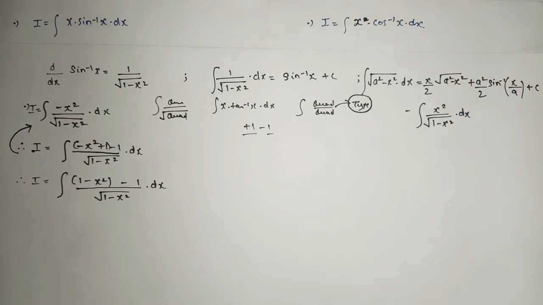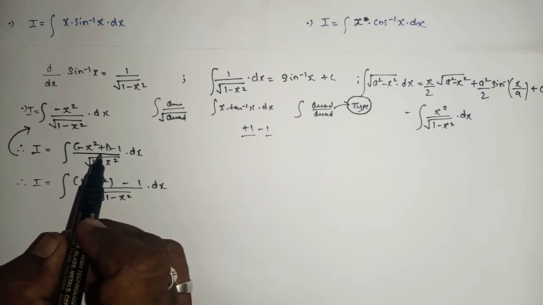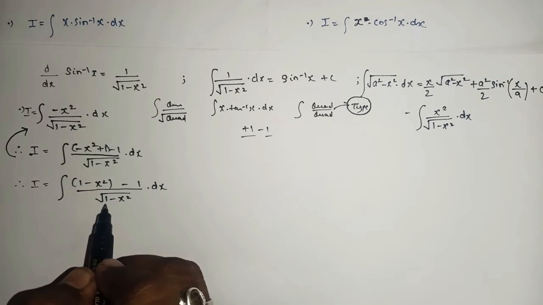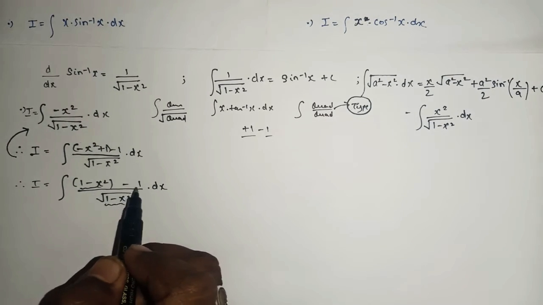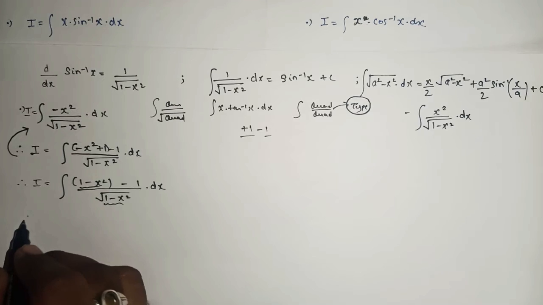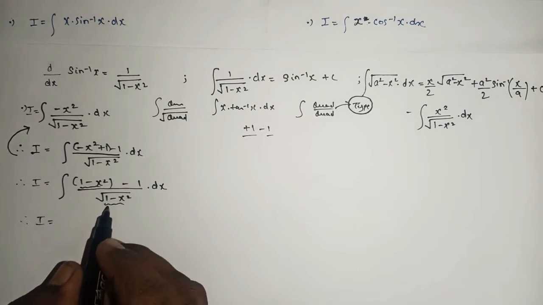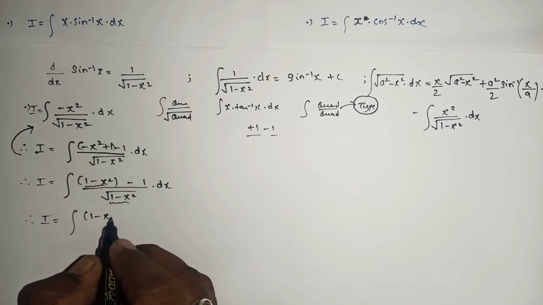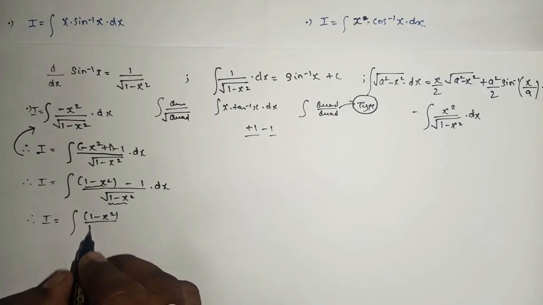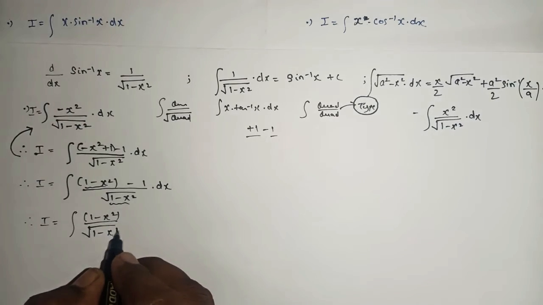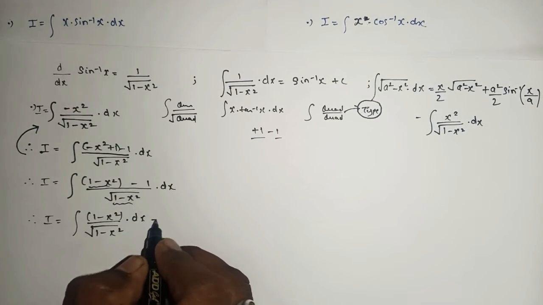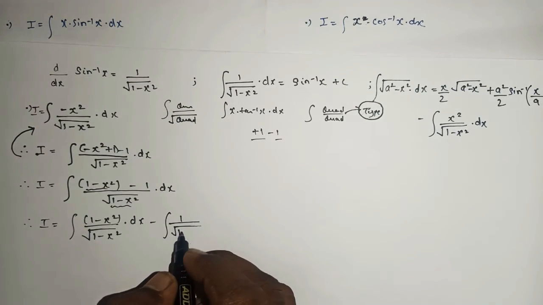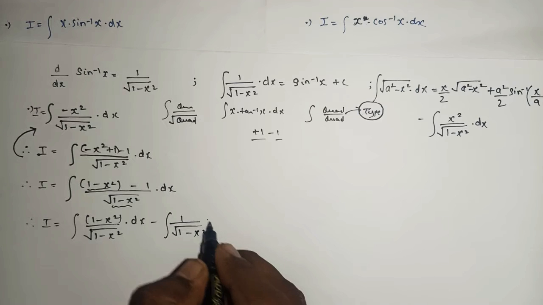Here also I did plus 1 and minus 1, wrote the same part in one bracket and the 1 separately. Then we can separate the denominator. So you will get 1 minus x square upon root 1 minus x square into dx, minus 1 upon root 1 minus x square into dx.